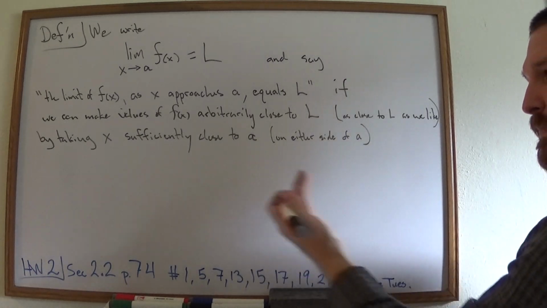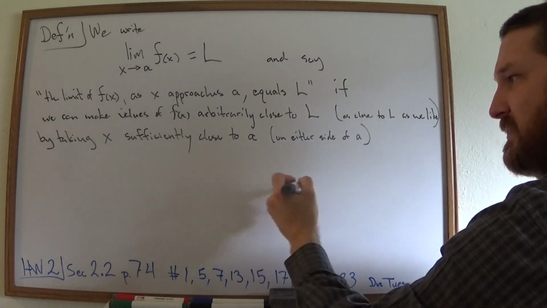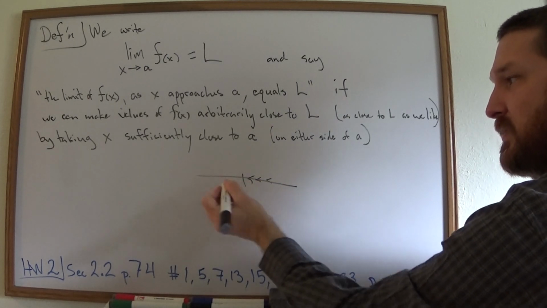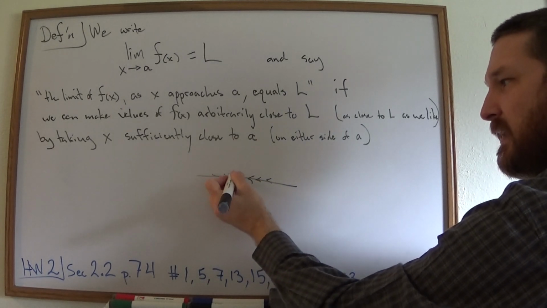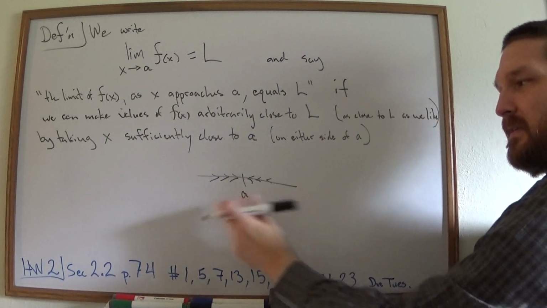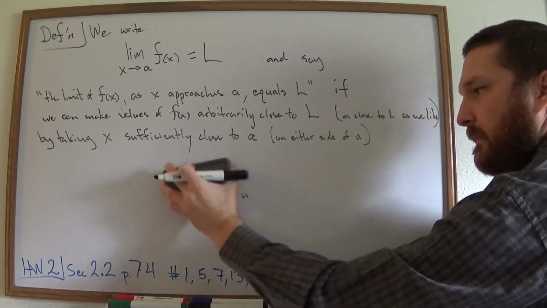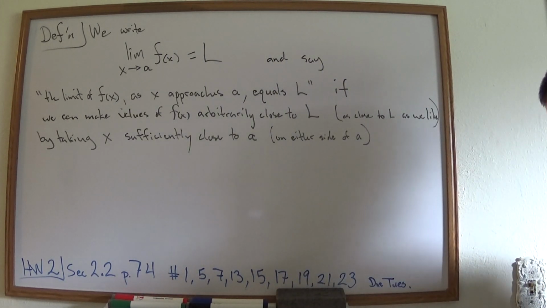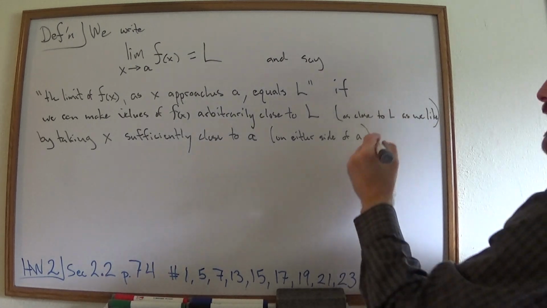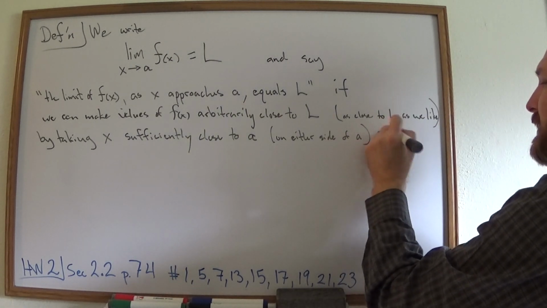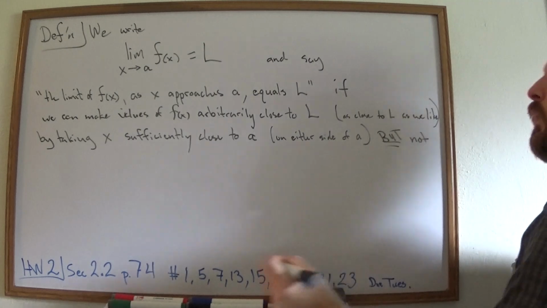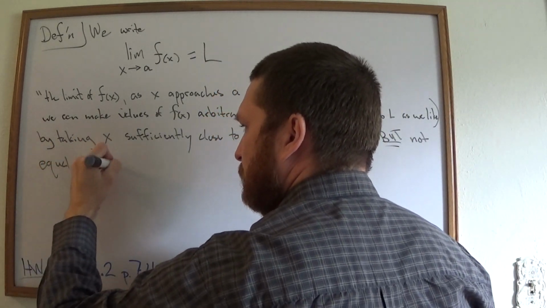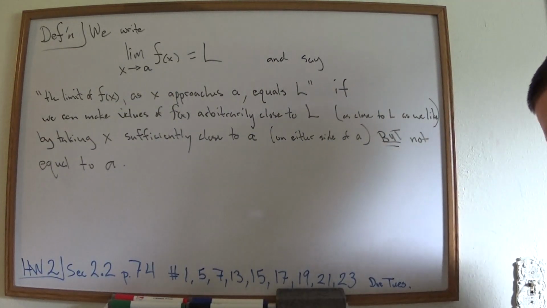You think about x being on the x-axis and you have some a there. By arbitrarily close or sufficiently close, we mean getting close, but on both sides of a. I want to get this definition up and then we'll actually talk about it. It'll make a lot of sense. But, and this is key here, but not equal to a. Okay?